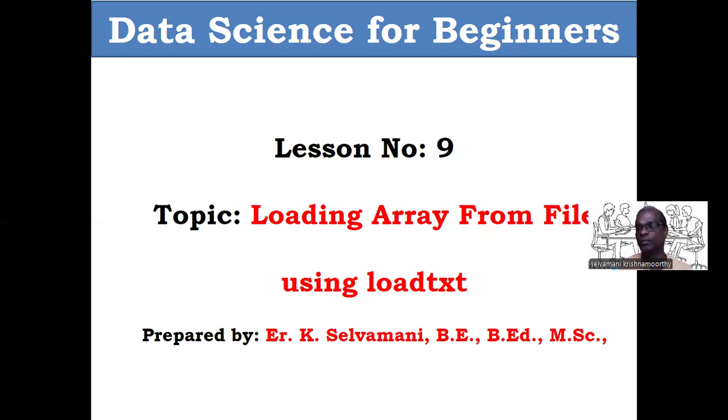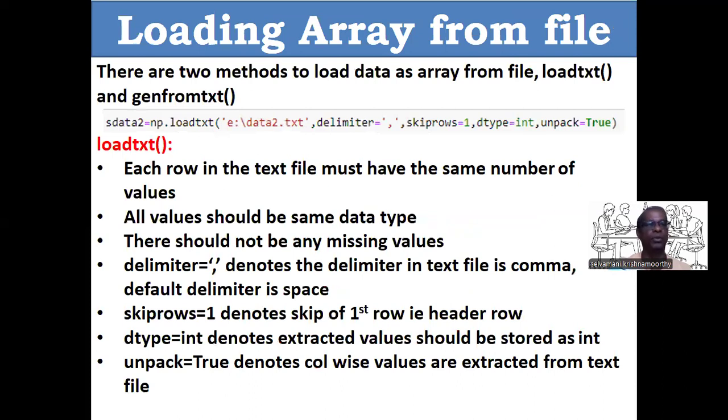Now let us study creating one array from a text file. There are two methods to load data as an array from a file: one is loadtxt, another one is genfromtxt. The difference between these two I will teach you later.